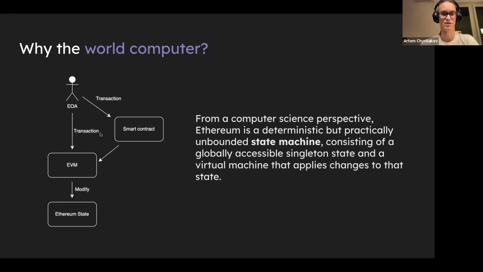So smart contracts are kind of listeners for transaction events. You can think of smart contracts as listeners to transactions, because on Ethereum, smart contracts can't execute transactions on their own. They can only reply to the transactions that the externally owned account sends.